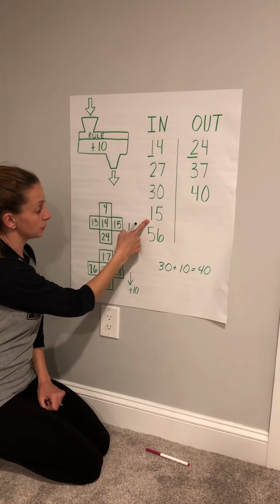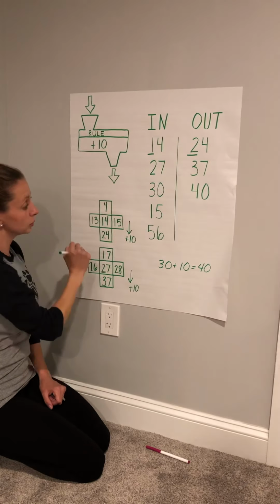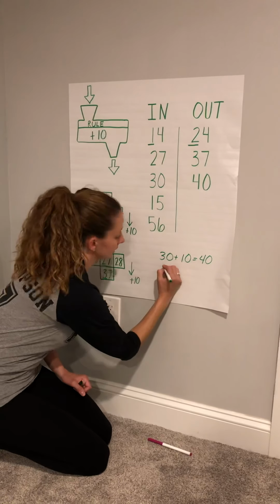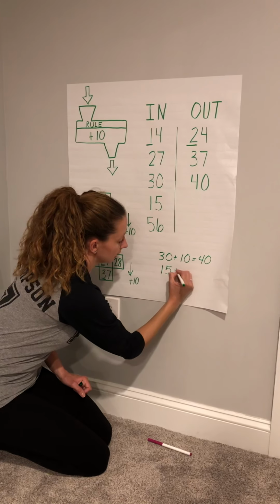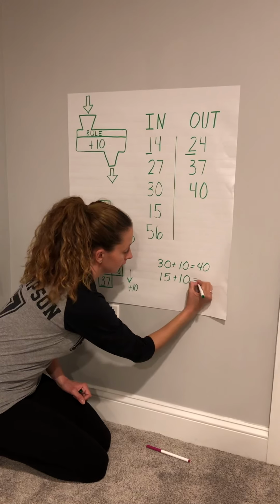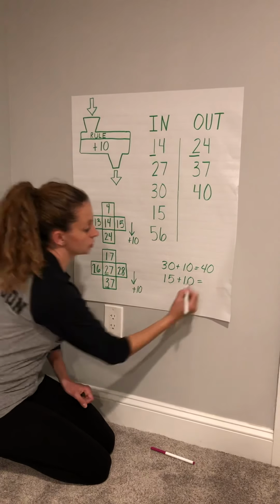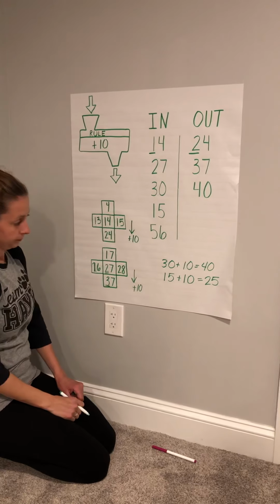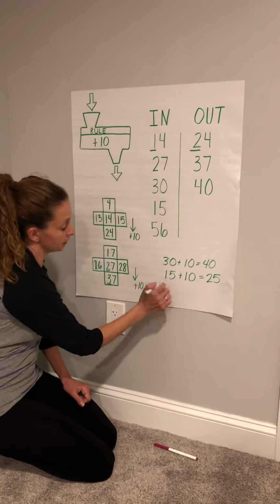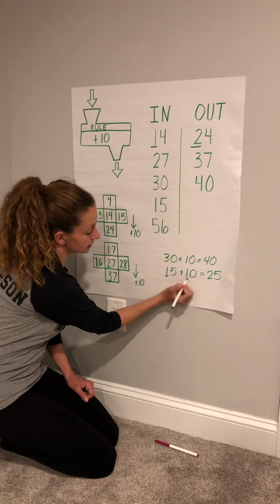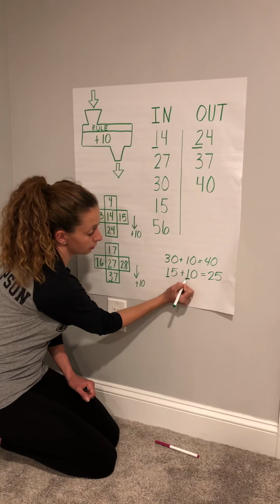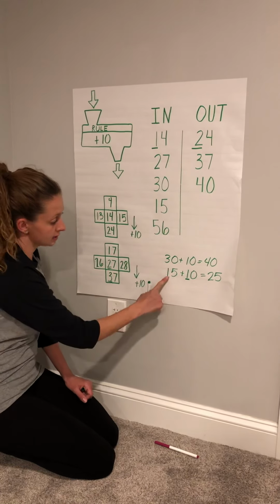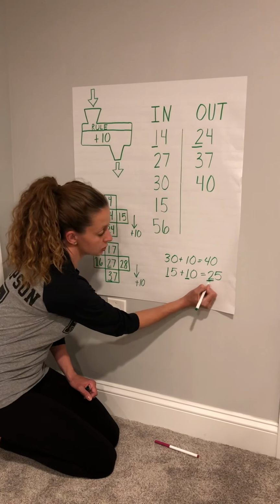Now let's try this one to see if our plus 10 rule works. 15 plus 10 would be 25. You can think, this 1 right here really means a 10. 10 plus 10 would give me 20.